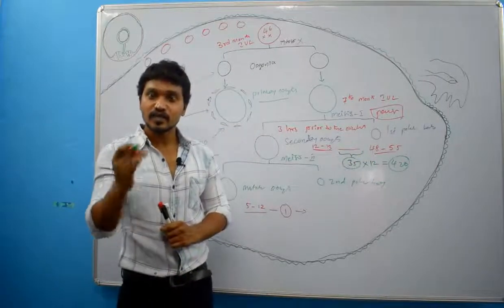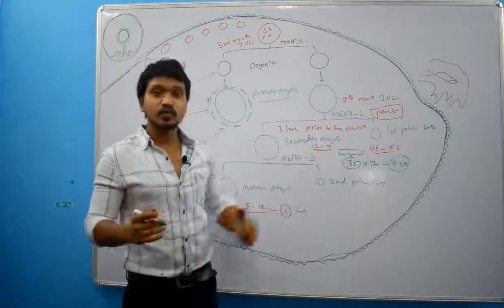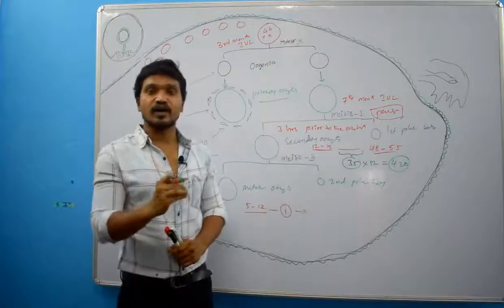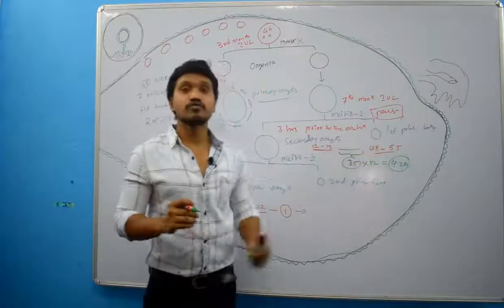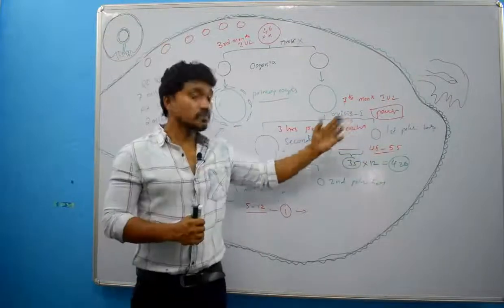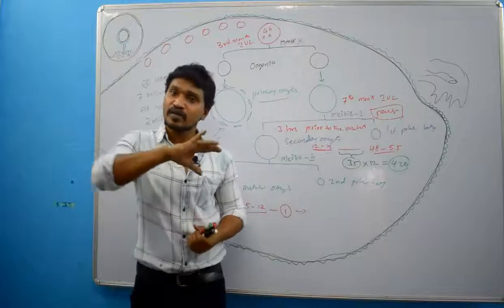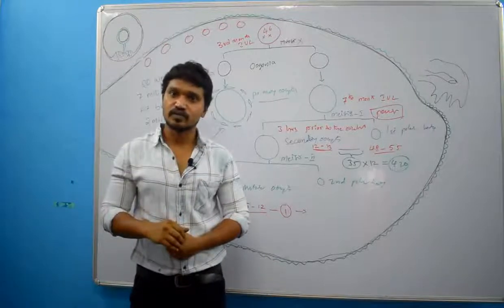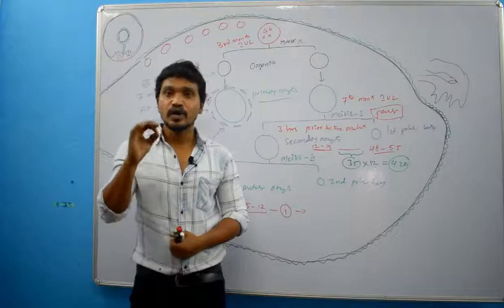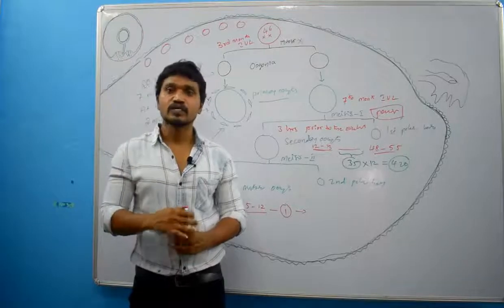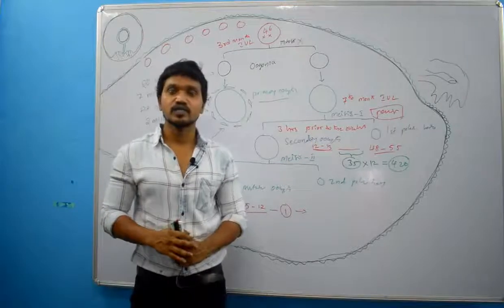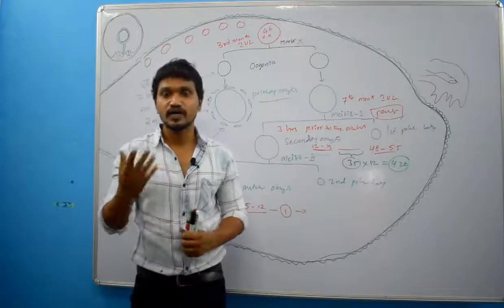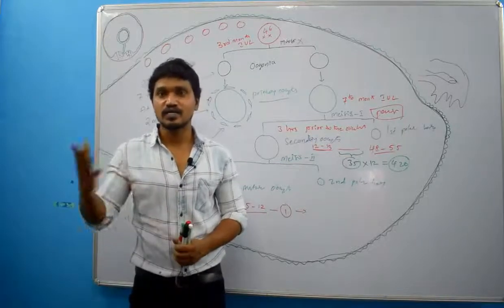That means the time duration to complete meiosis 1 takes around 55 years. So, meiosis 1 will be paused for a very long duration. That's why meiotic errors will be common. A very long duration of meiotic arrest will lead to meiotic errors like non-disjunction.